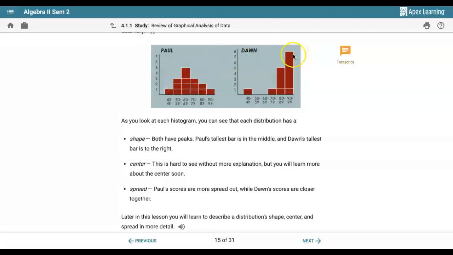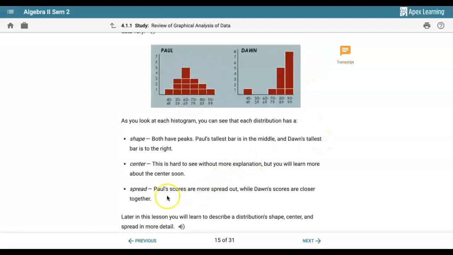But Paul's shape is tallest in the middle, so it looks more like an equilateral triangle, versus Dawn, who's tallest over in the right-hand column. Center, we'll talk more about that soon, but try to figure out, between these data, it might be a little easier to determine Paul's center versus Dawn's center.